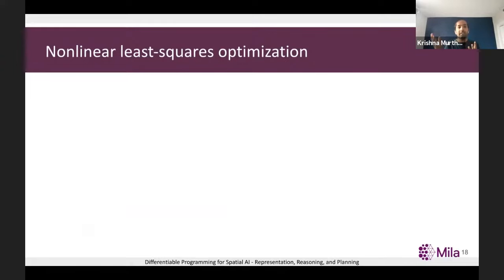The idea of nonlinear least squares optimization pervades through most components of the SLAM pipeline. If you want to perform scan matching or get visual odometry, or even perform pose graph optimization, the best approach that's currently used is some form of nonlinear least squares.